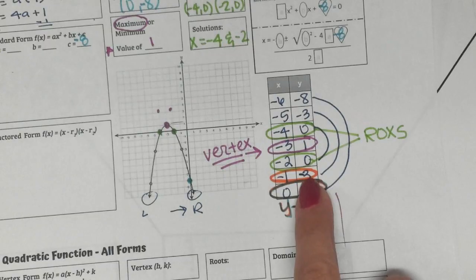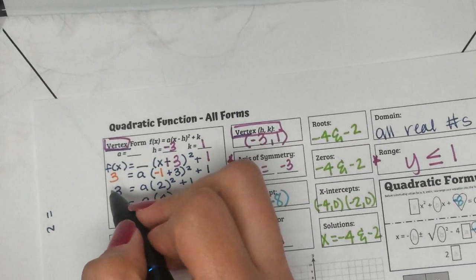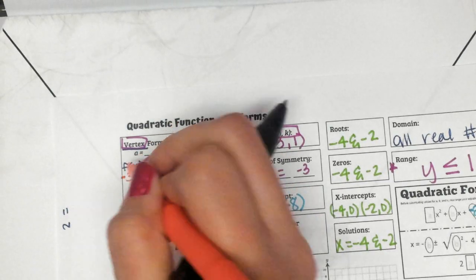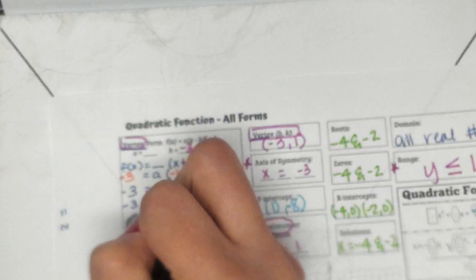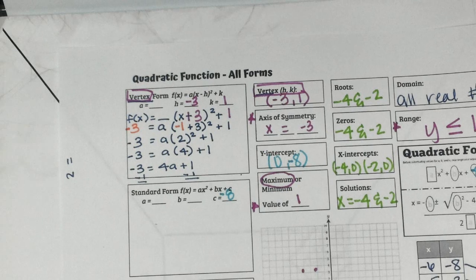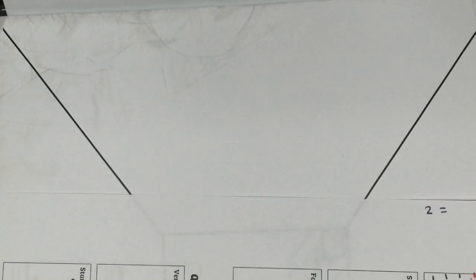It's a -3. That's what's not adding up. So this is actually -3. I wrote it wrong on my table. There we go. So now you -1.